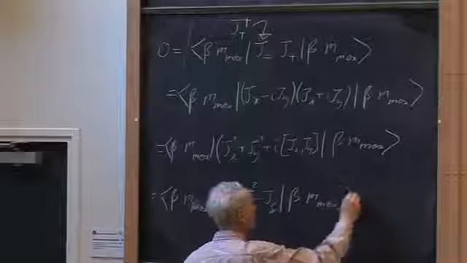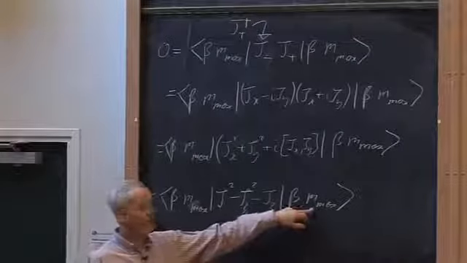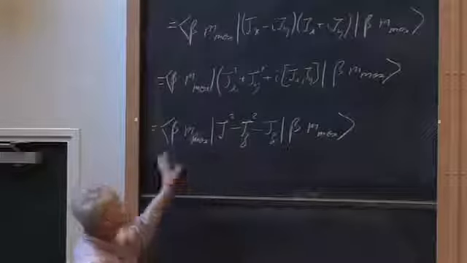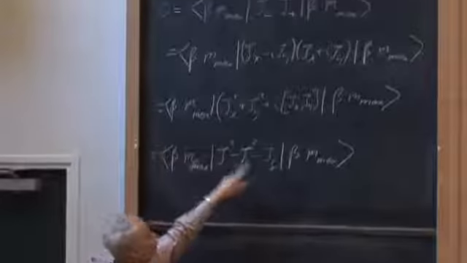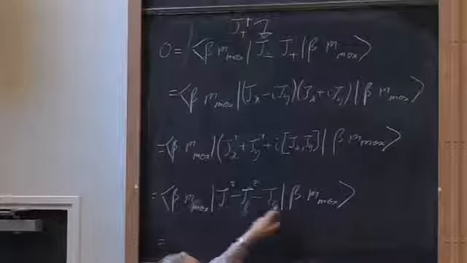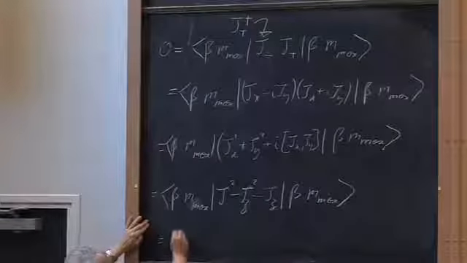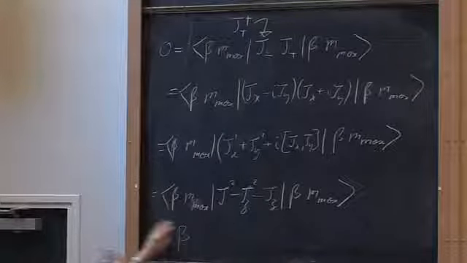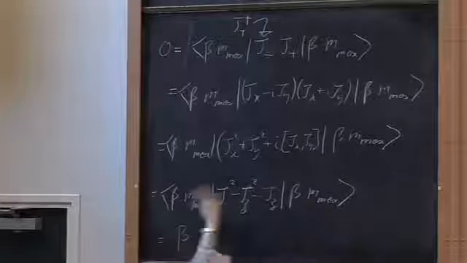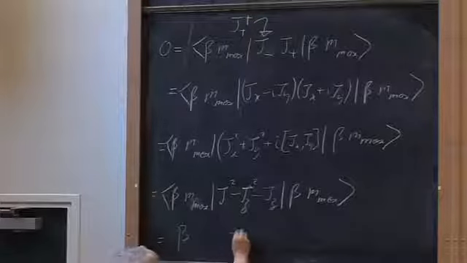And now we're in clover because we know what every single one of these operators produces when it bangs into that. So we can evaluate this. This, of course, produces a beta, times this thing. Then this thing will meet this thing and produce 1. So I only need to write down beta. This jz will produce an m max times this thing, which will then bang into this thing and produce a 1. So I have a minus m max.